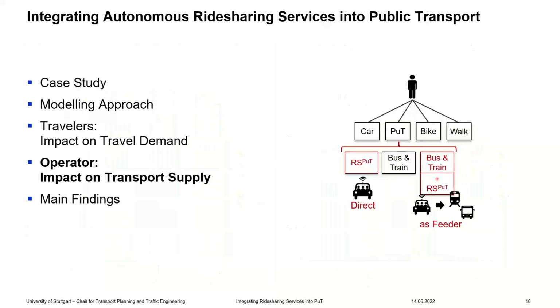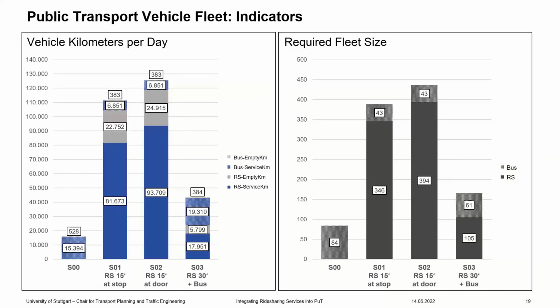And yeah, then shortly the impacts on the transport supply for the operators. Here we see how many vehicle kilometers per day are traveled and what the required fleet sizes are. In solid color are the ride-sharing values, and in patterned the bus values. And we can see a similar tendency to the person kilometers, but as is expected, the bus is more efficient in pooling people than ride sharing is.